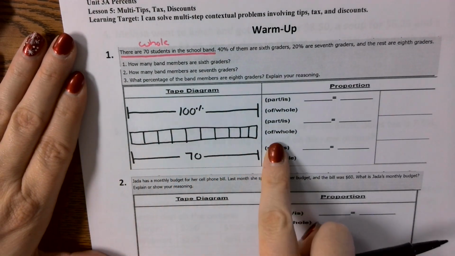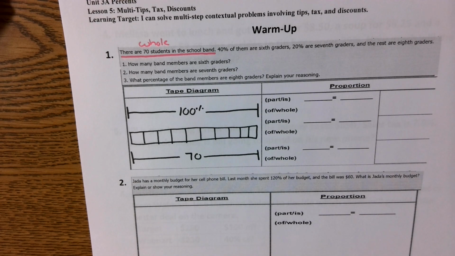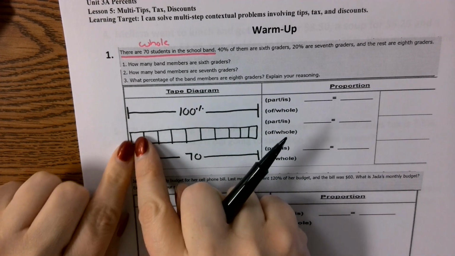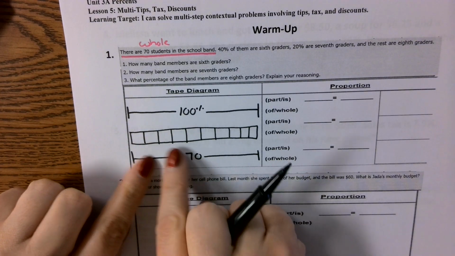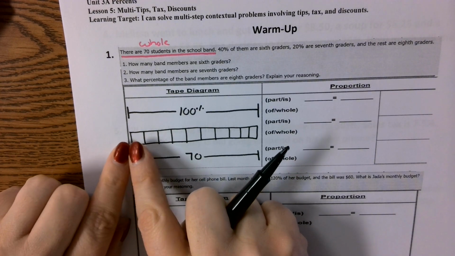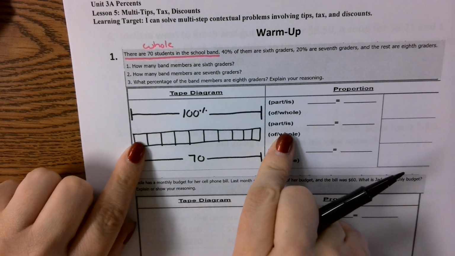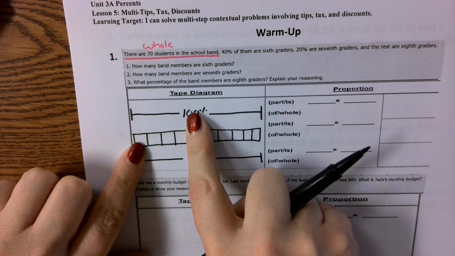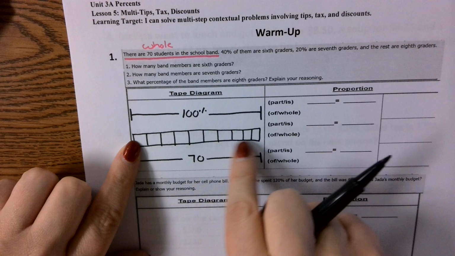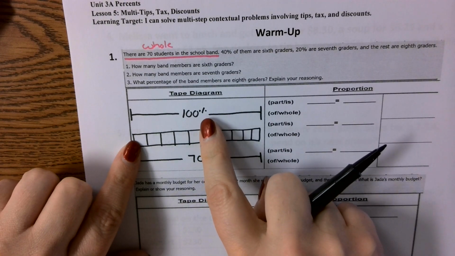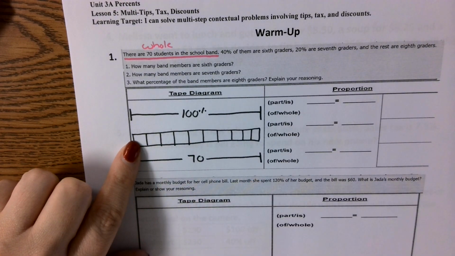Okay, so 10 boxes. That means I now need to figure out what percentage each box represents and what number of students each box represents. So if we have 10 boxes, I could do 100 divided by 10, and that will tell me what each box's percent is going to be. So what is 100 divided by 10? 10, yeah.